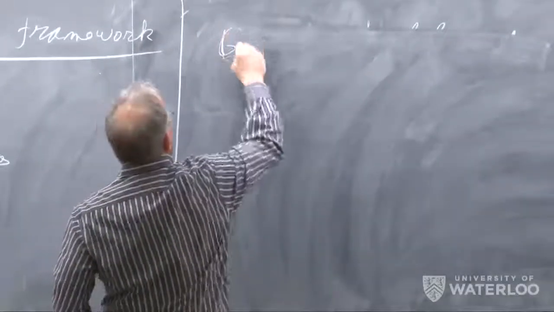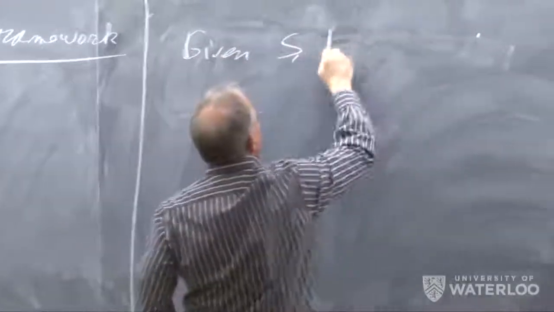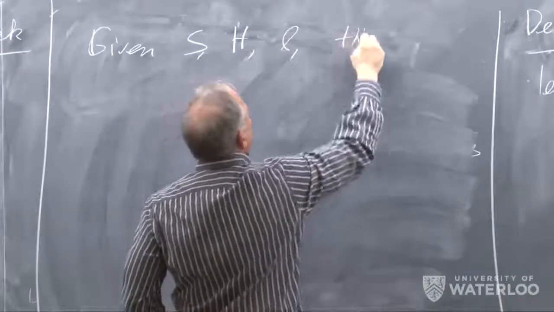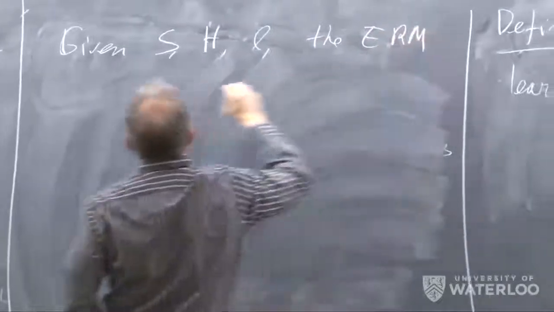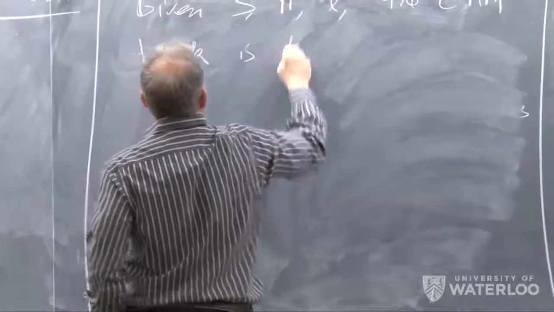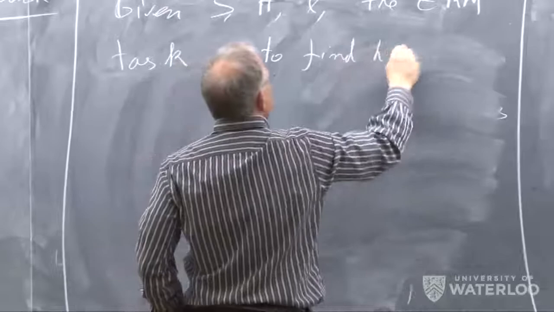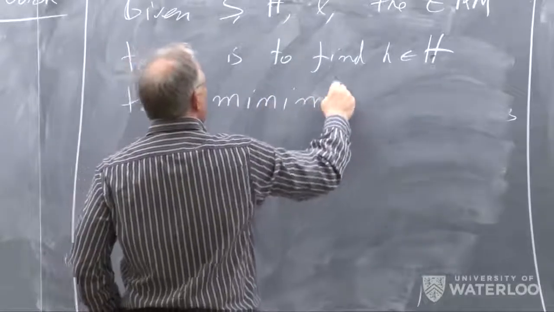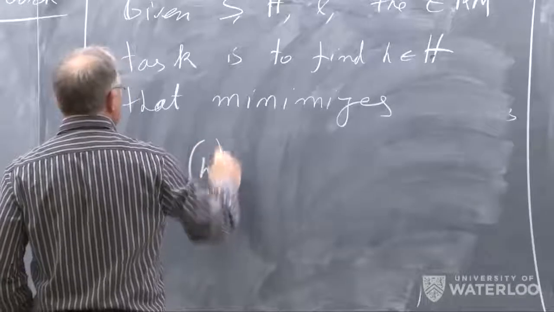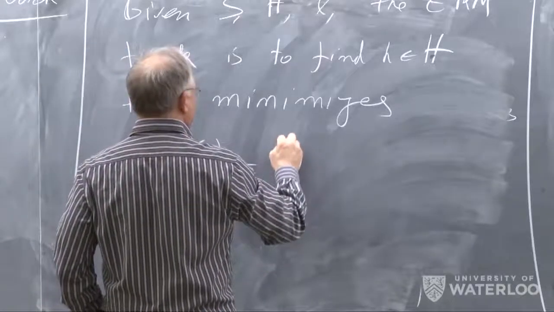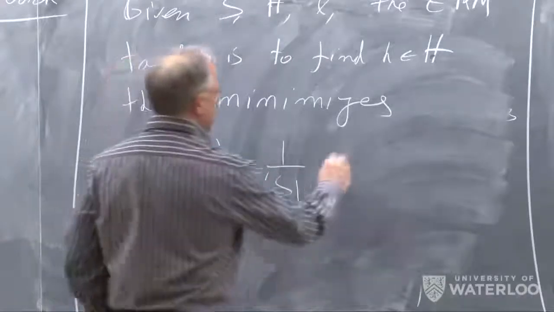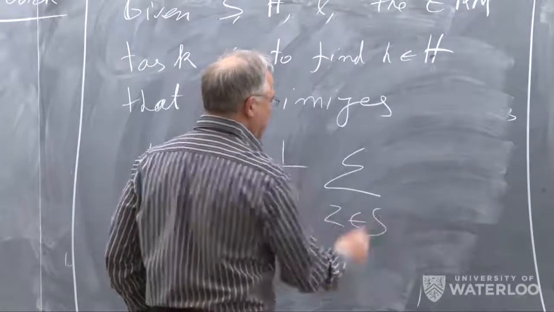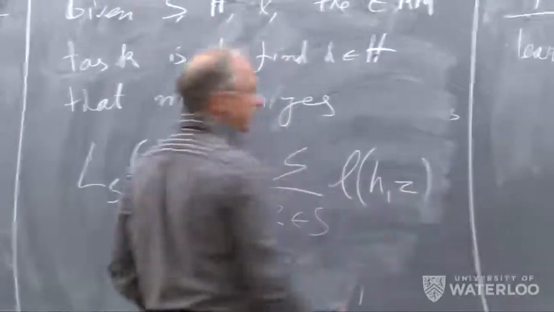So given S, H, and L, the ERM task is to find h in H that minimizes L_S(h), which is 1 over the size of S, the sum over all z in S of L(h,z). Right?